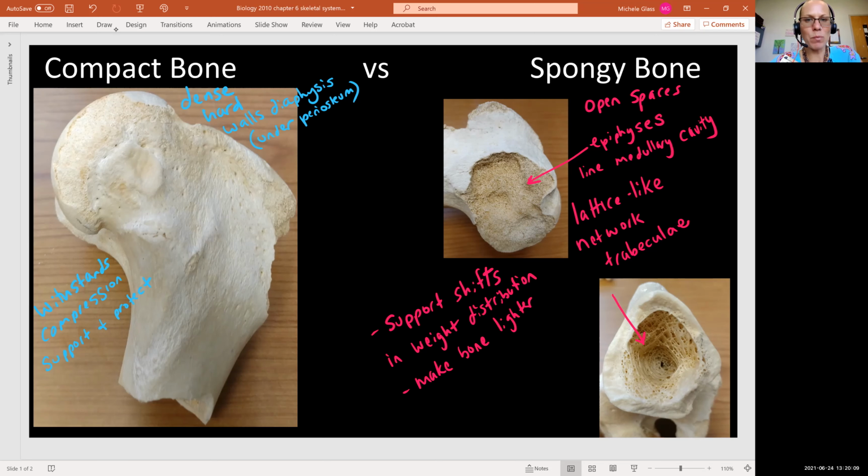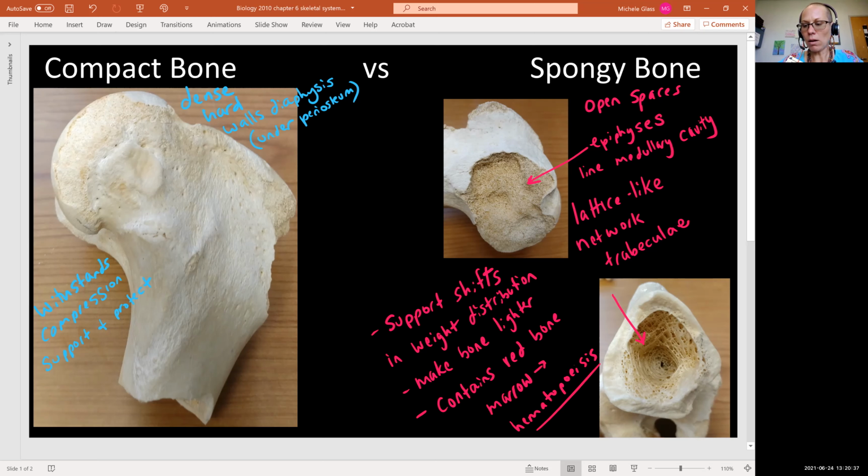So let's lighten it up when we can. And it's also going to contain the red marrow. Remember, the red bone marrow is mentioned as the location for hematopoiesis, which is blood cell production.